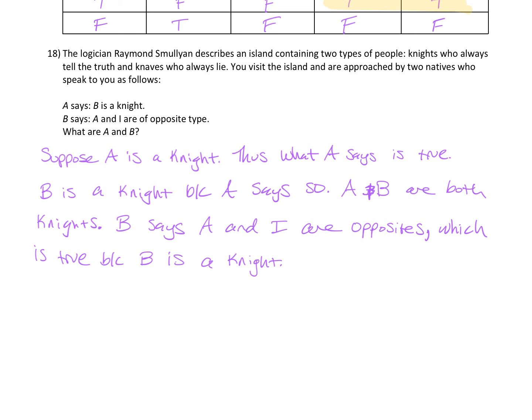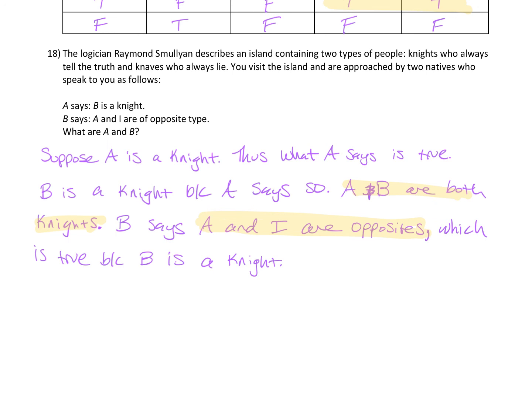We have reached a contradiction. So you can highlight it or underline it. A and B are both knights, and A and B are opposites. We've argued until we reached two opposing conclusions. So the only thing that could have happened is that this very first sentence that we assumed at the beginning, that A is a knight, was false.